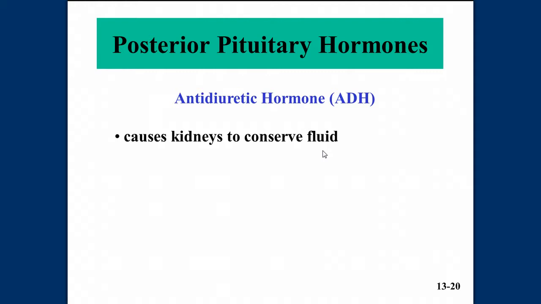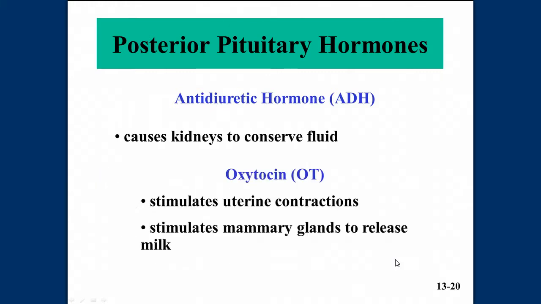Antidiuretic hormone causes the kidneys to conserve the fluid so that you're not losing the fluids that you need. Okay, so less urine production. Antidiuretic hormone decreases the water released by the kidneys. So where would its target cells be? In the kidney.